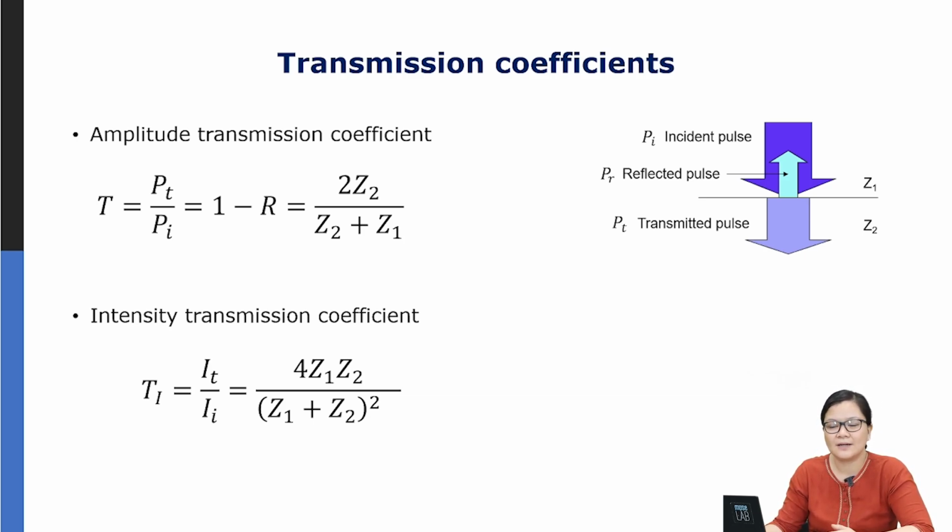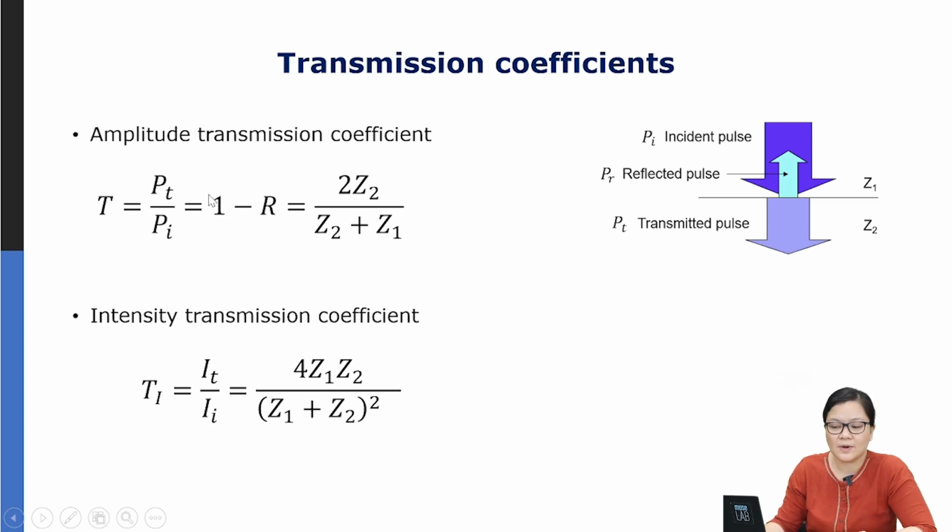Now looking at how we'll be able to assess how much signal is being transmitted through the interface and how we would quantify that. We quantify it using the amplitude transmission coefficient here, which is denoted by this parameter T, where that equals the fraction of the incident wave pressure that is transmitted into the second medium.